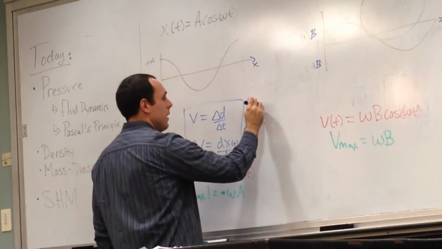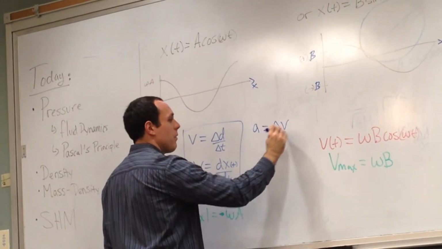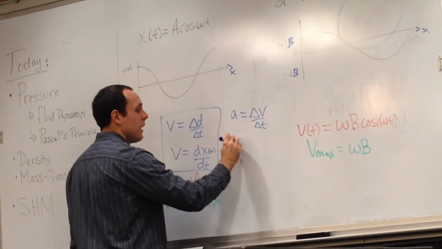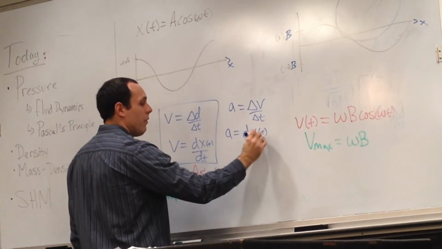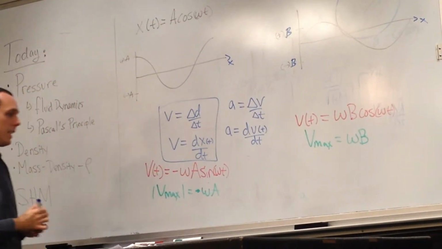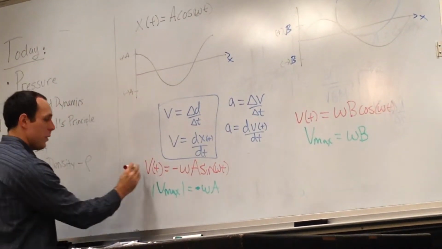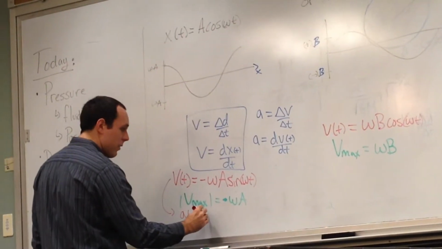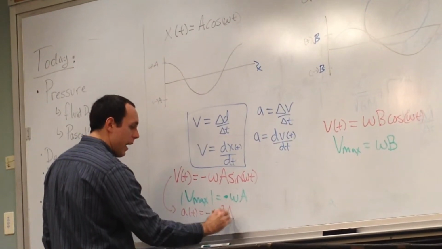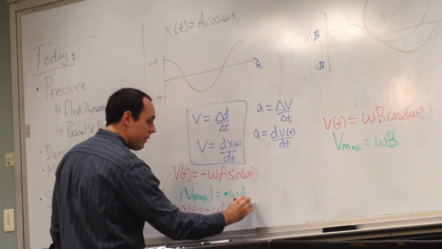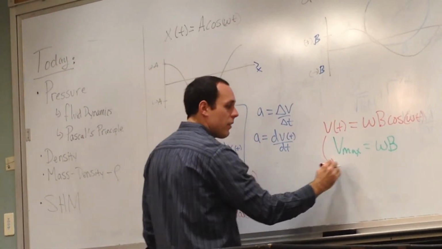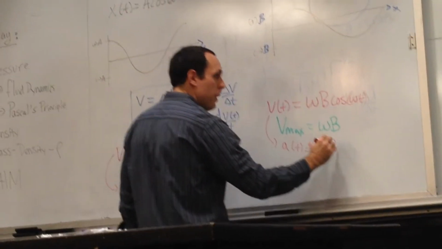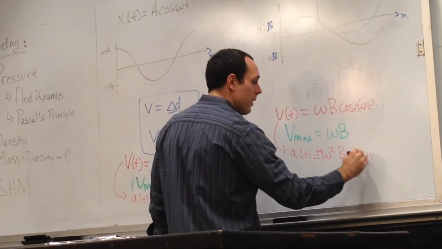With that in mind, acceleration is the change in velocity over the change in time. But what that means is acceleration really is the time differential of the velocity. And if we do that once again, the acceleration is going to be, in this case, minus omega squared A cosine omega t. And for over here, the acceleration is minus omega squared B sine of omega t.